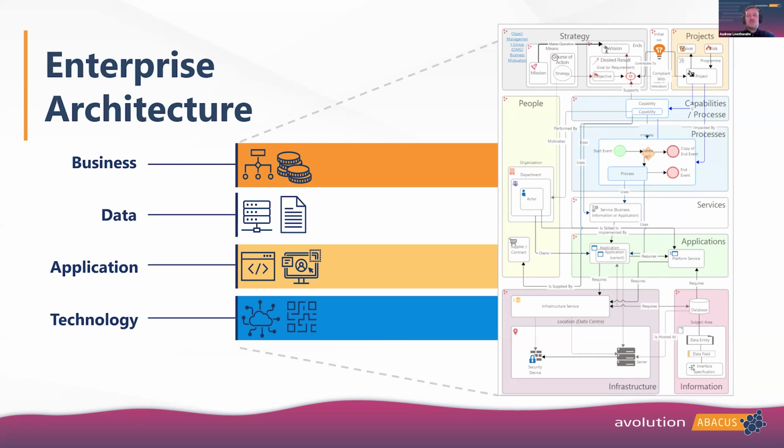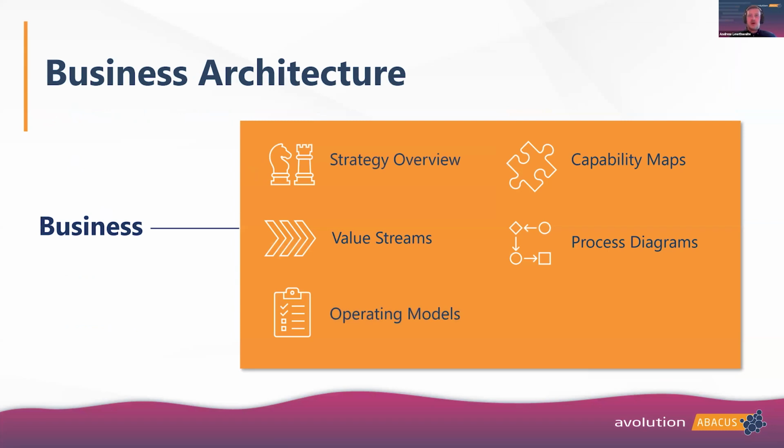But the business focus today is on some of the high-level artifacts that we typically see customers building, and templated ones that we would also have out of the box for you. That could be strategy one-pager views, process diagrams, and value streams. These are typically the models we see customers building, and these are the models I want to take you through in a live Abacus environment. So let's jump into Abacus.